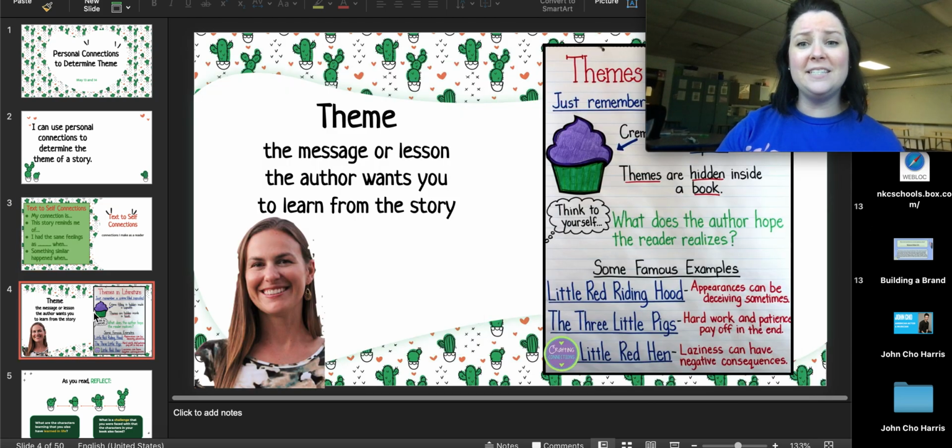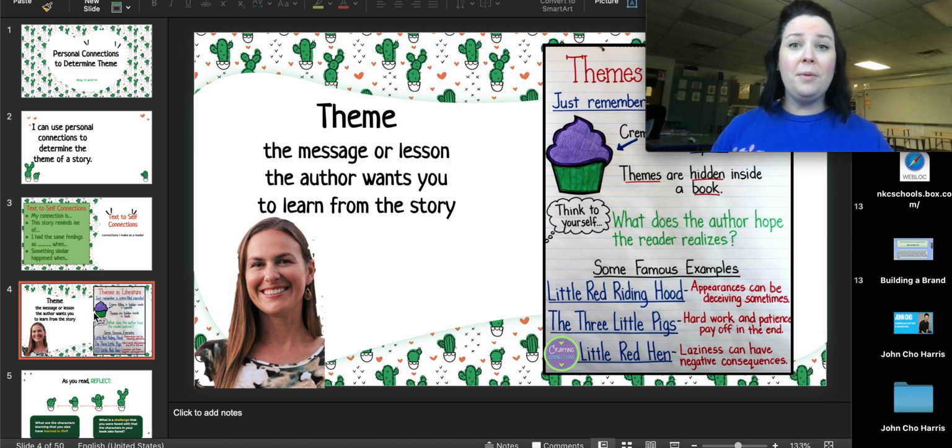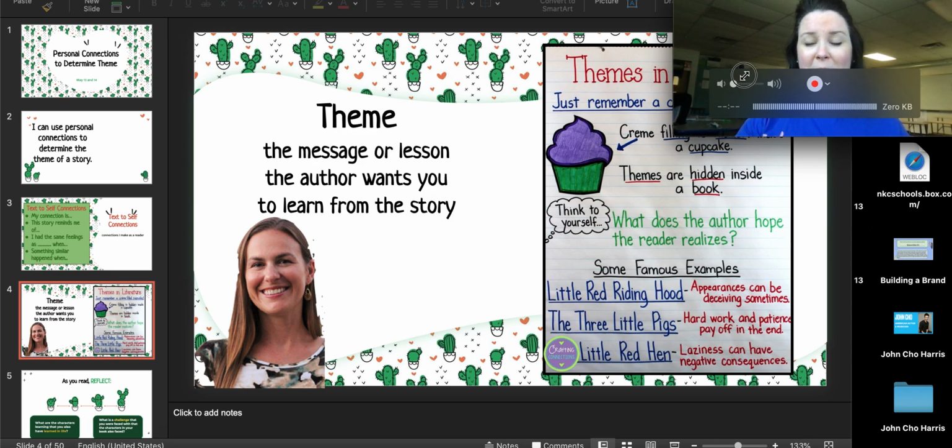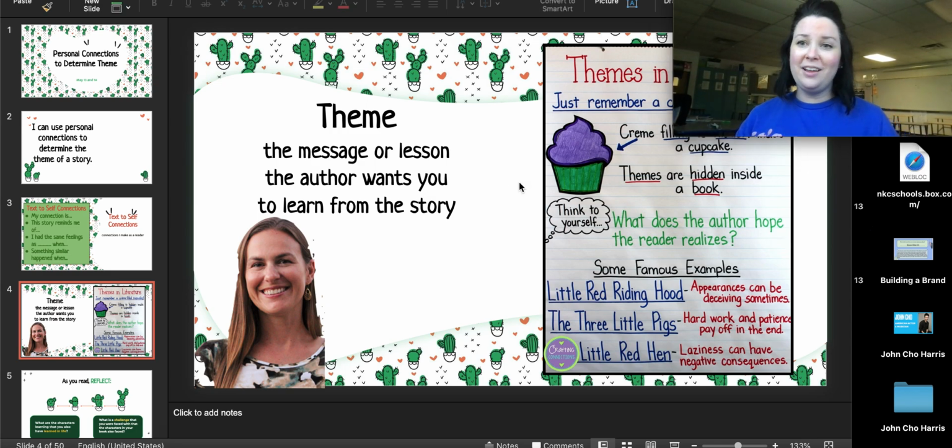The other piece is just a reminder about theme. Remember that the theme is the message or the lesson the author wants you to learn from the story. We had this great visual earlier in the year: the theme is the cream filling. So it's in the middle of the cupcake, underneath these layers of other things, hidden inside that cupcake.